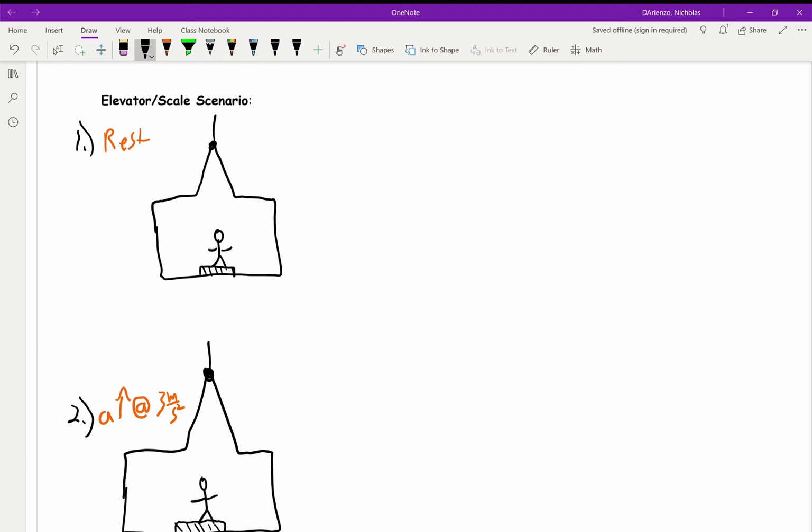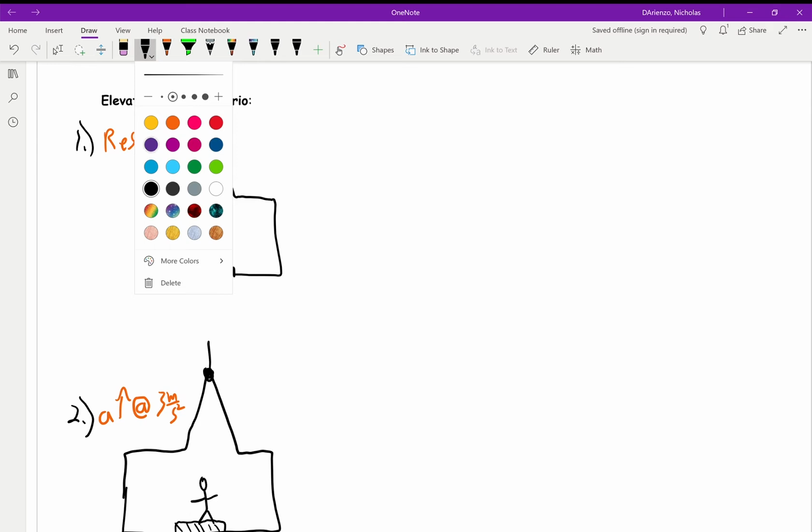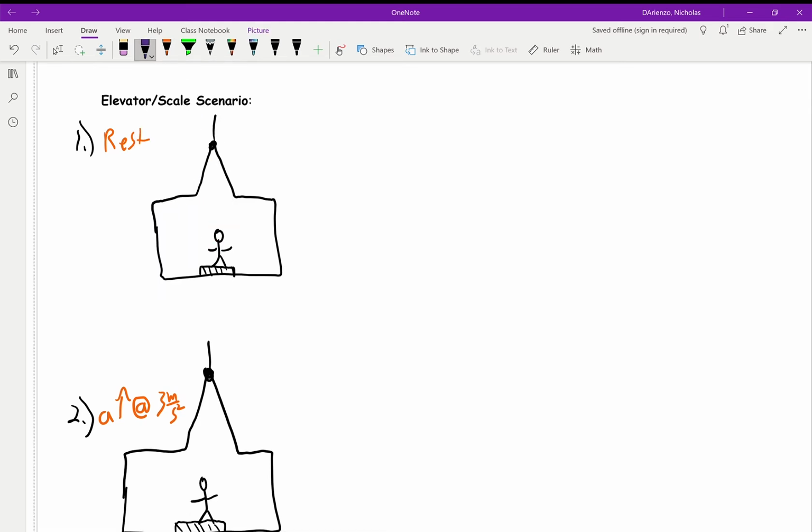So in the first scenario here, the person standing on a scale is at rest. Now to do a simple free body sketch, we're going to look at a couple forces.